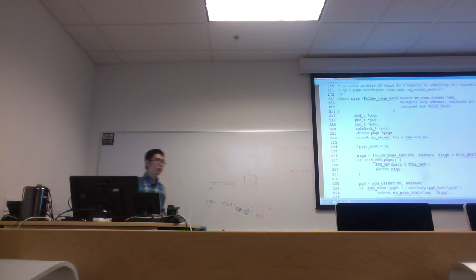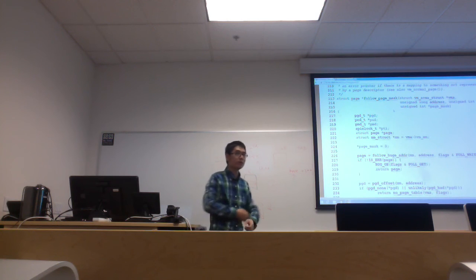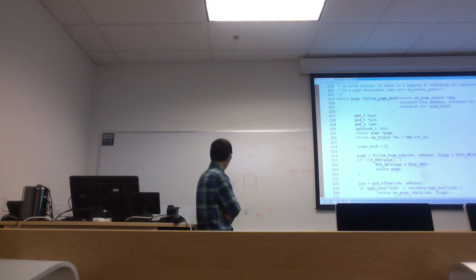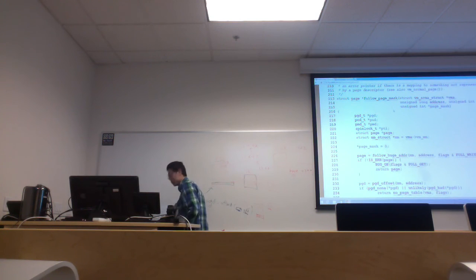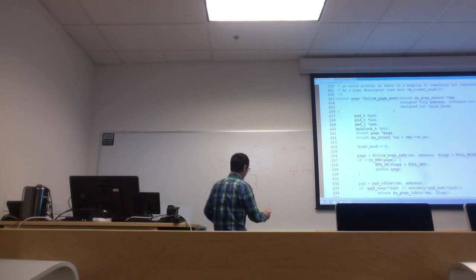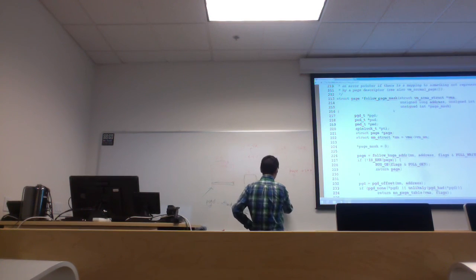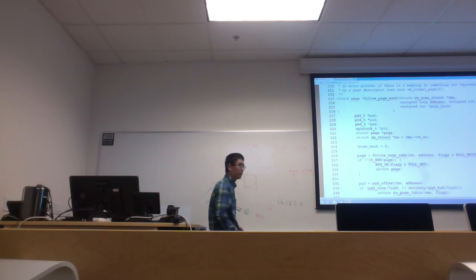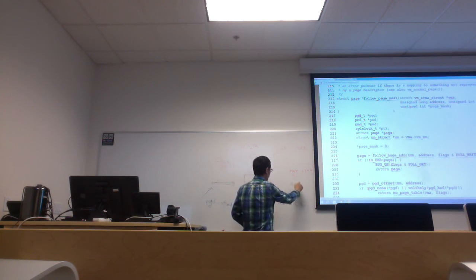By the way, how do you get the virtual page from a virtual address? Say my address is 0x1234, and my page size is 4 KB.